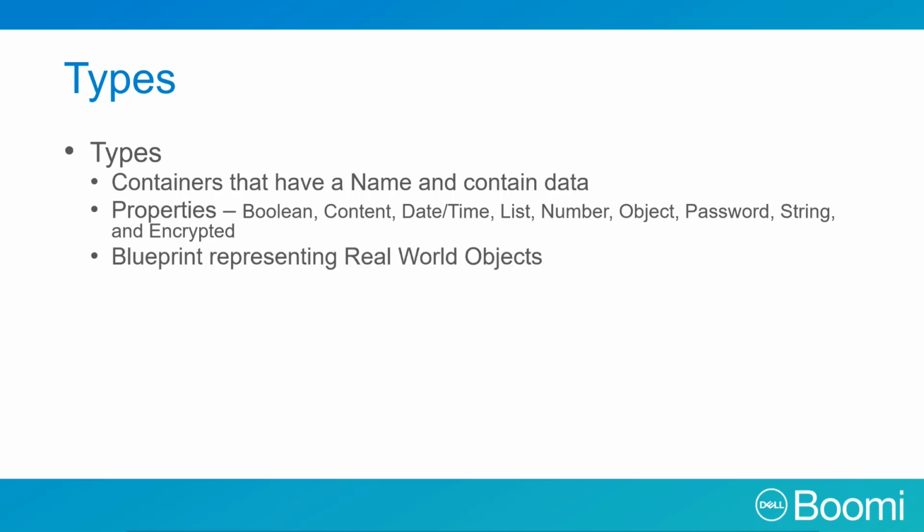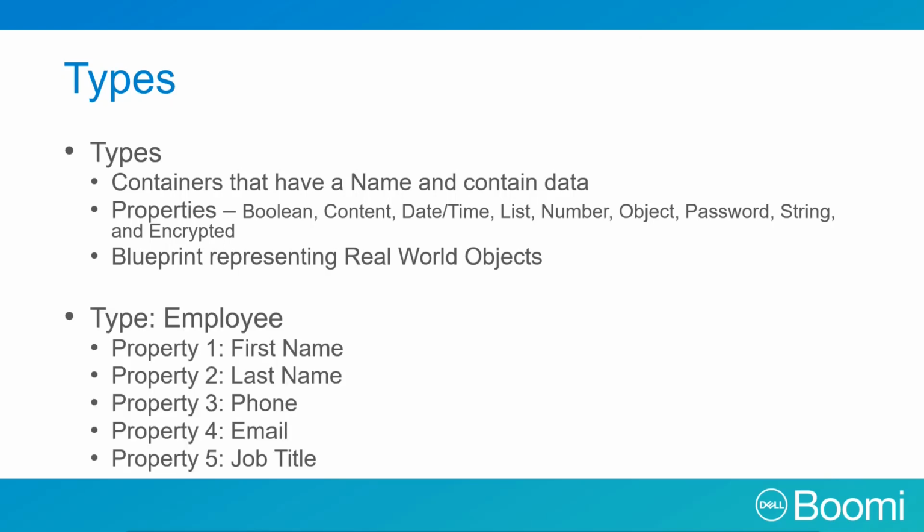As mentioned previously, types can be thought of as a blueprint and create representations of real-world objects. For example, let's say we wanted to create a type called employee, and then had first name for property 1, then last name for property 2, phone, email, and job title for each property thereafter. This would be our employee type then.